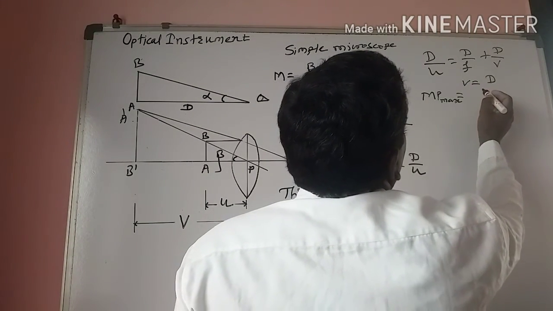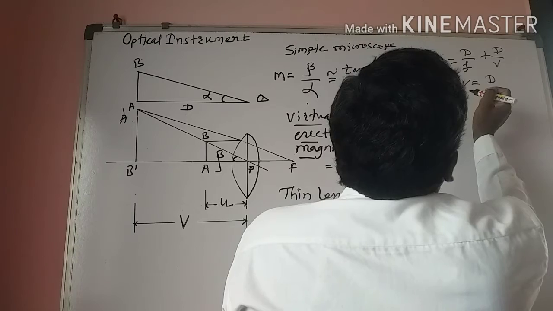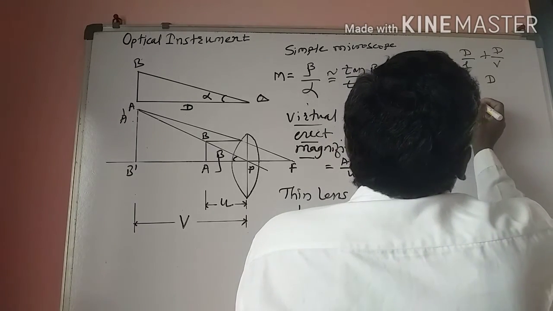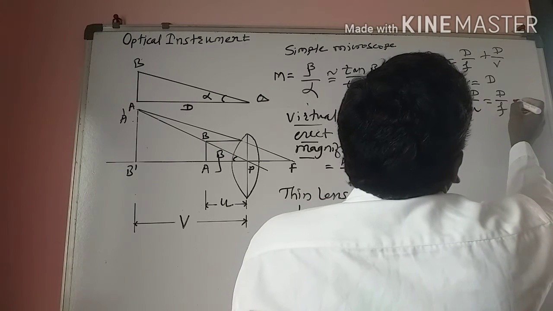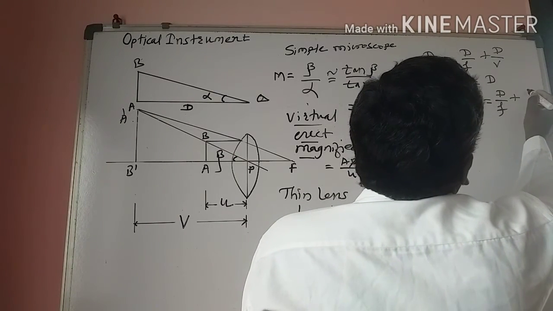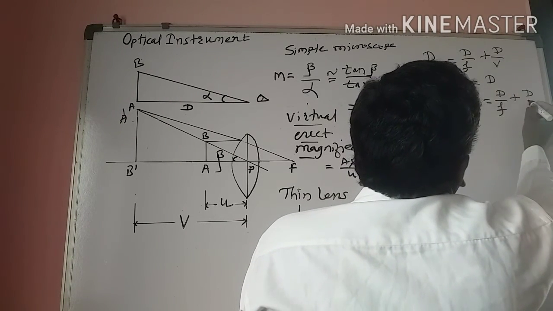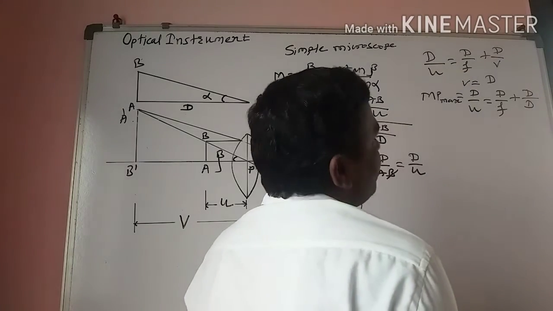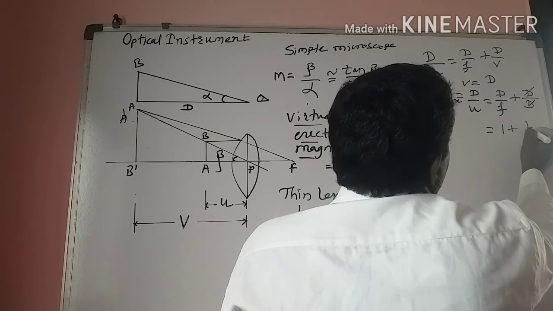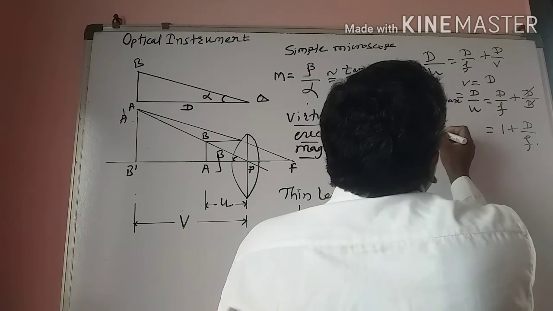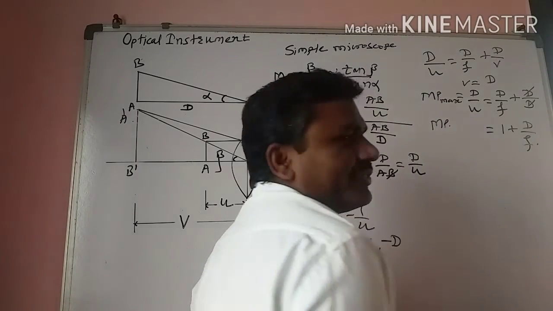In that case the magnifying power D upon U is equal to D upon F plus D upon D, since the image is formed at the distance of distinct vision. The D's cancel, and we get 1 plus D upon F. This is the maximum magnifying power of the simple microscope.